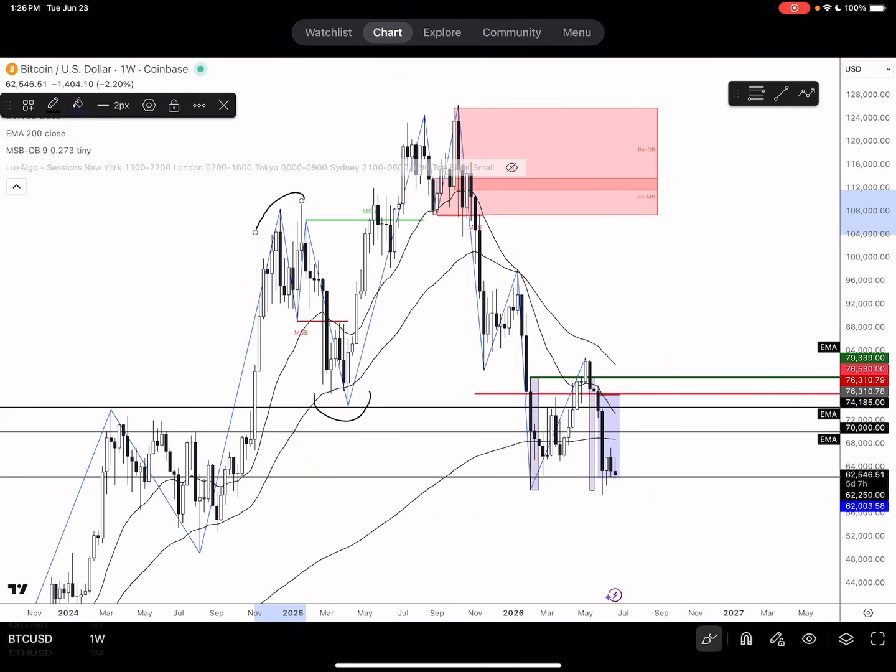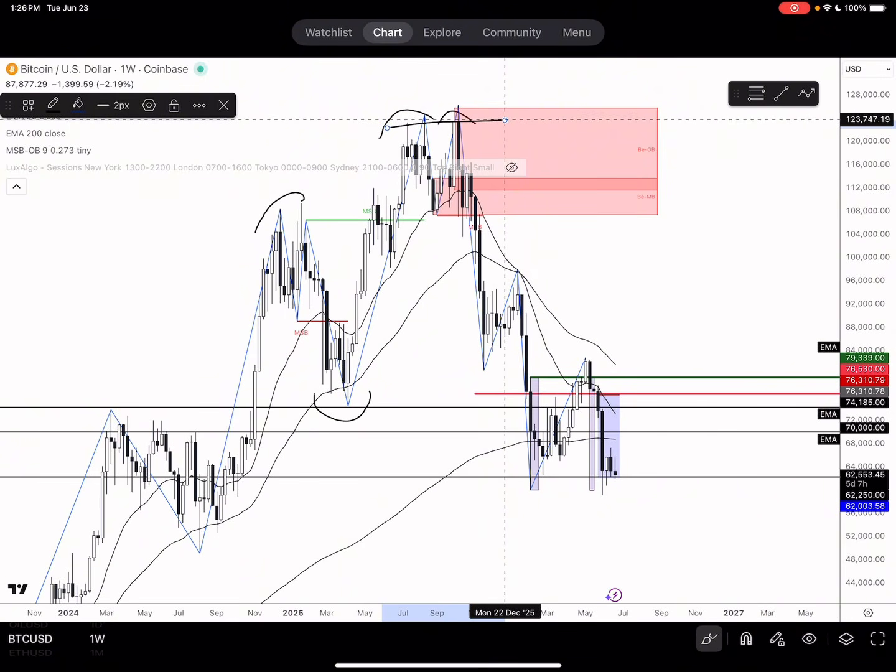So we're seeing these things take place, but mind you, there's certain things that I look for in order to truly identify the market structure break. As we had price pushing up to these highs, we see price failed to break those highs. We got a bearish order block.